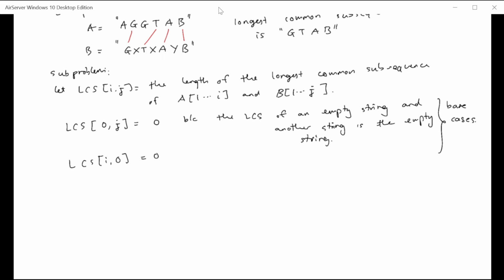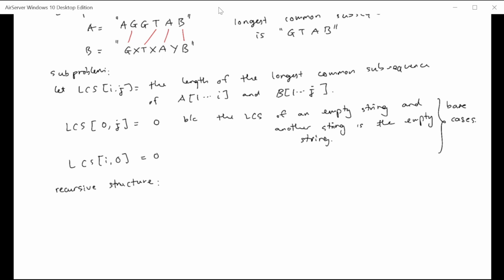Okay, so now we want to find the recursive structure of these subproblems. Okay, so let's visualize the problem like this.